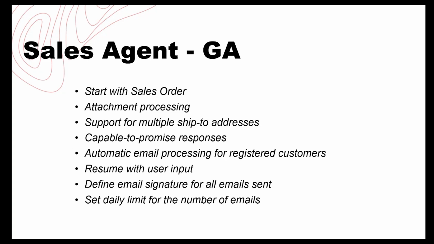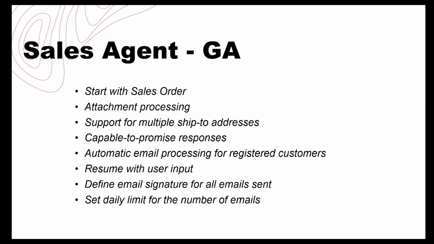And that happens also on the payables agent. So all emails you send out can now be defined with a unique email signature, so that there might be many users actually monitoring the sales mailbox. But then when the emails get sent, you can set one defined email signature for what you want to have done.